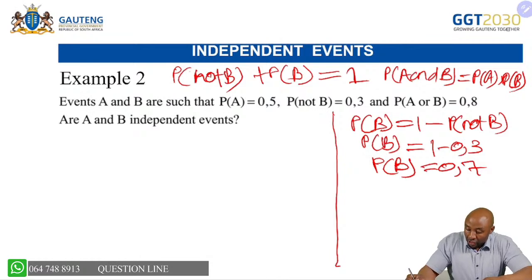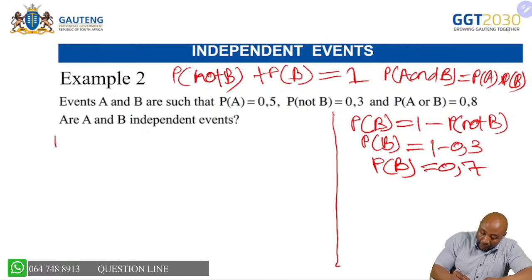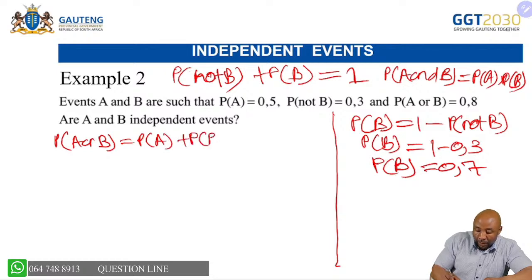So let's go to our identity. We are given that the probability of A or B should be equal to the probability of A plus the probability of B minus the probability of A and B.